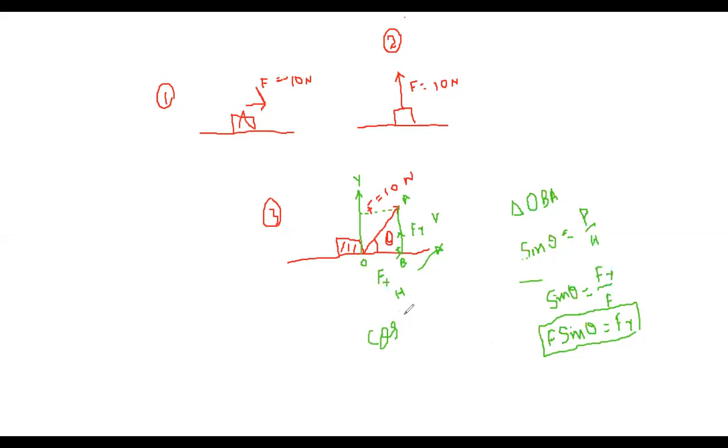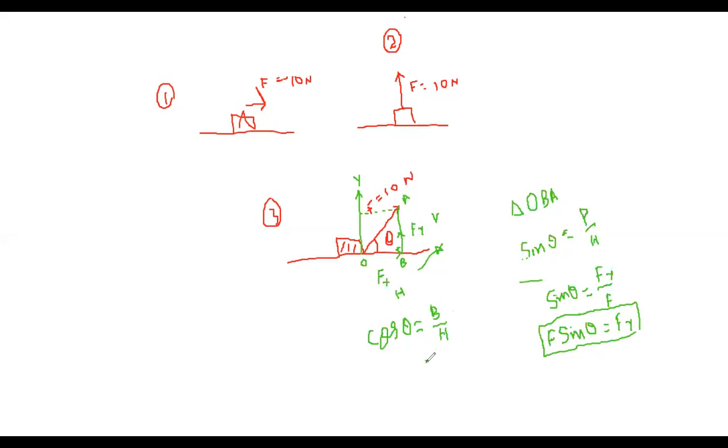Again, now you're using another trigonometric ratio, which is cos theta, and cos theta is equal to base over hypotenuse. So see in the diagram what is the base or adjacent side. OAB is the perpendicular, so OB is the base, which is Fx.